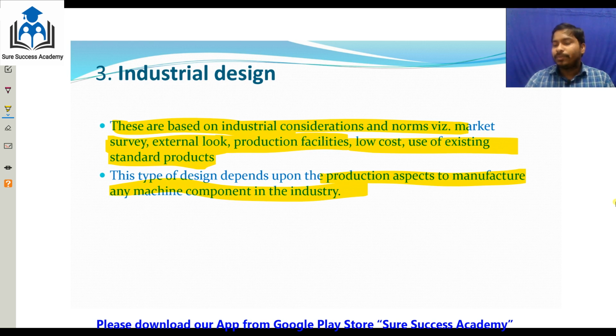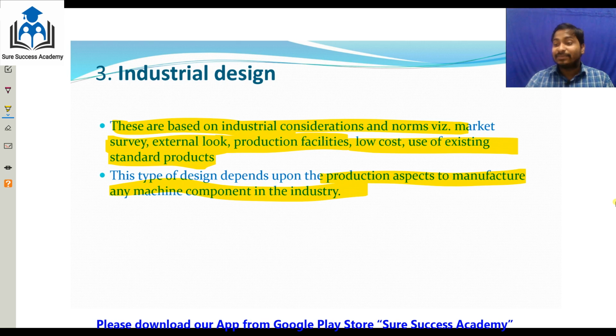Optimum design: you can say that it is the best design for the given objective function under specified constraints. It may be achieved by minimizing the undesirable effect. System design also is there. It is the design of any complex mechanical system like a motor car.